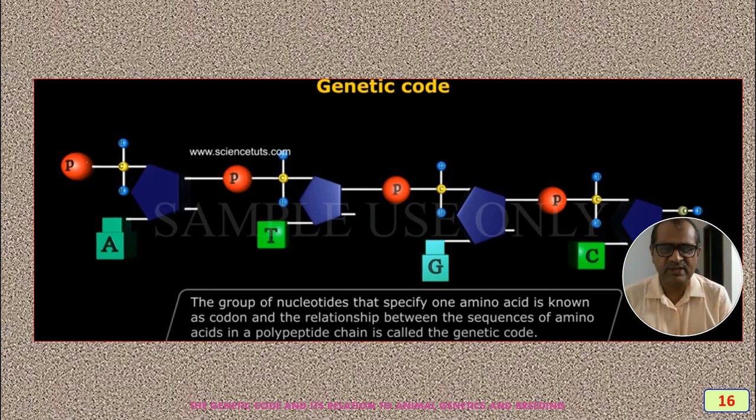Or else we can understand it like this: a genetic code is a group of nucleotides that specify one amino acid and is known as the codon, and the relationship between the sequence of amino acids in the polypeptide chain is called the genetic code.